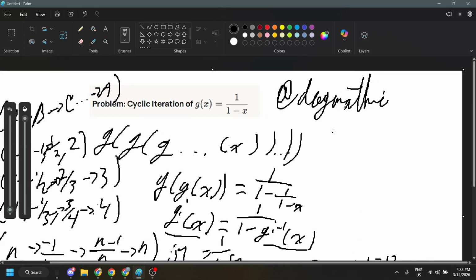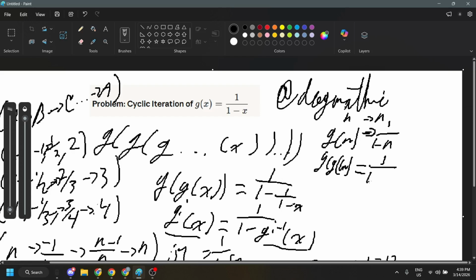We have g of n, we get 1 over 1 minus n, which we see as our second one. So we start with n, so g of n is equal to 1 over 1 minus 1 over 1 minus n.